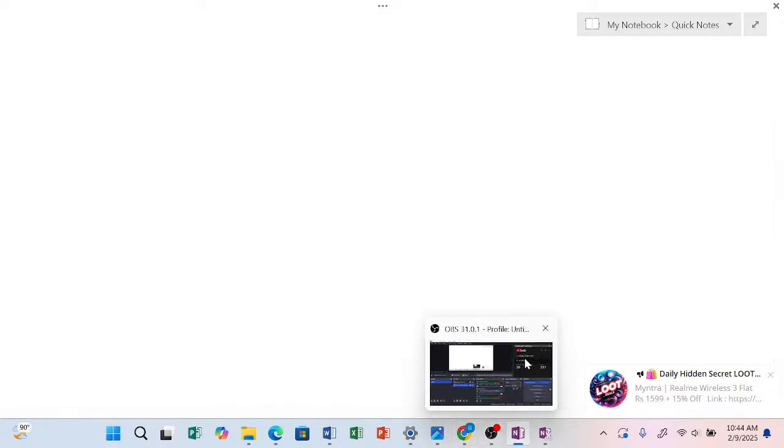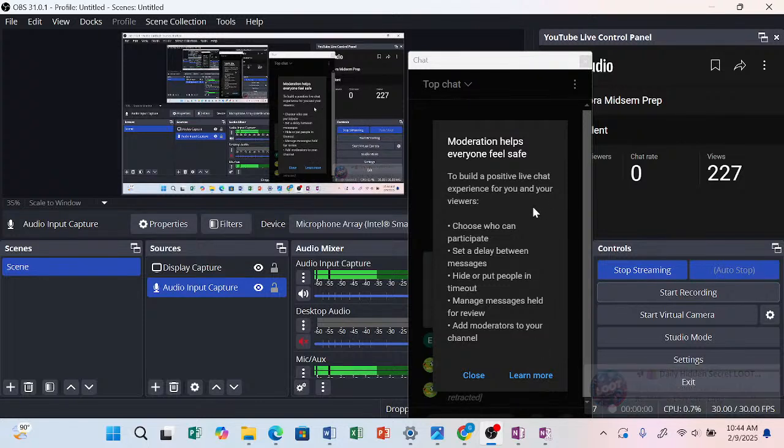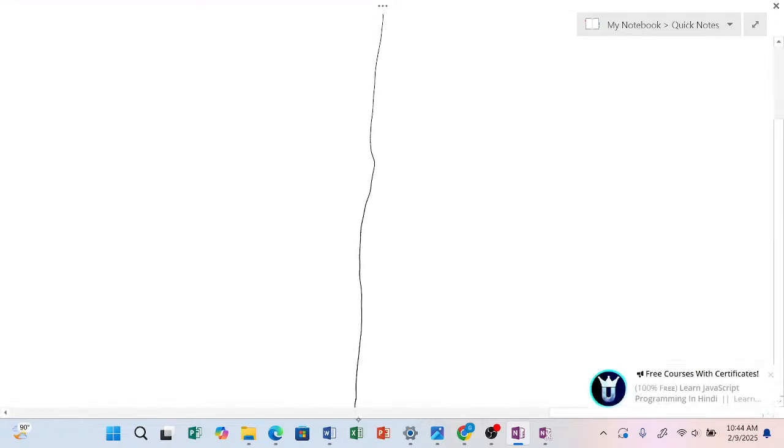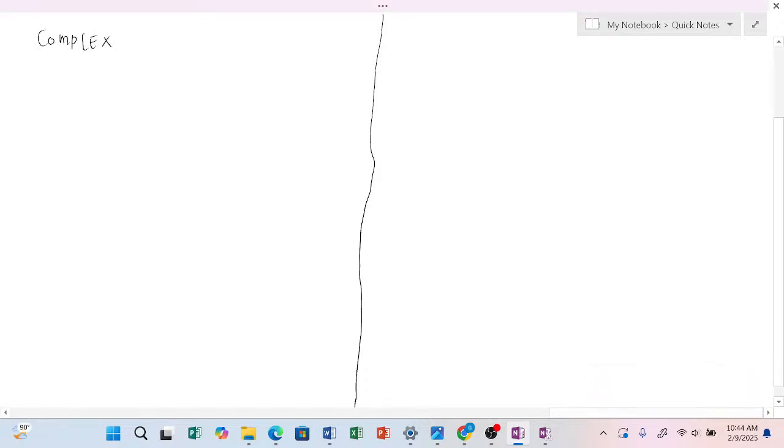Okay. So I want us to look at complex numbers in the polar form.